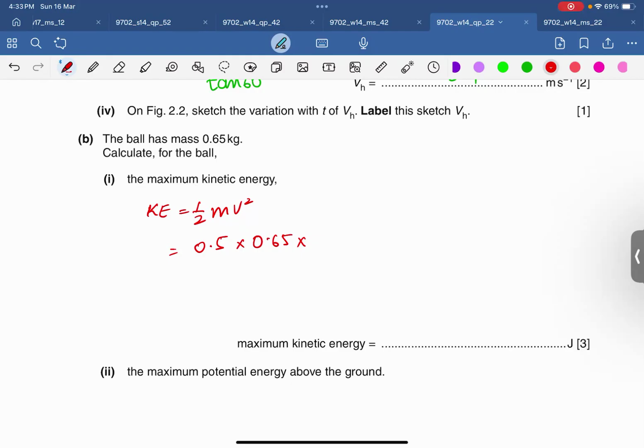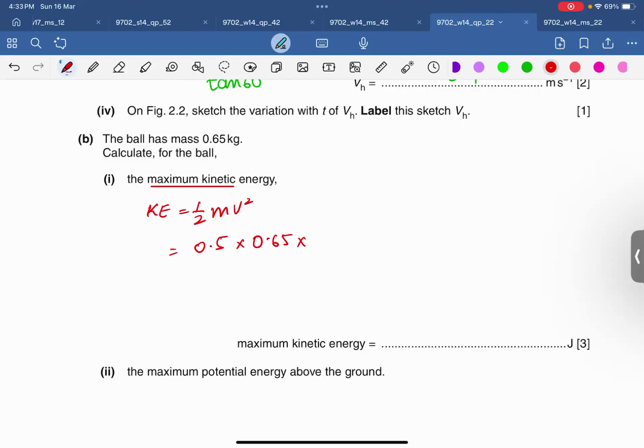Come on. By the way, what do they mean by the maximum kinetic energy? Will that be at the top? Will that be at the starting point, or where will it be? At the last point before hitting the ground. Before hitting the ground? Or if you say just at the point of launching, would that be correct? Yes.